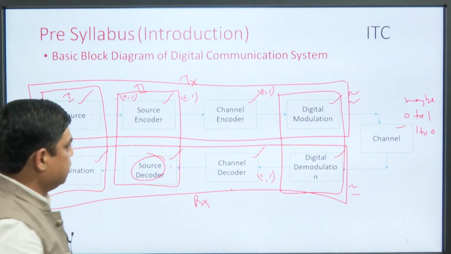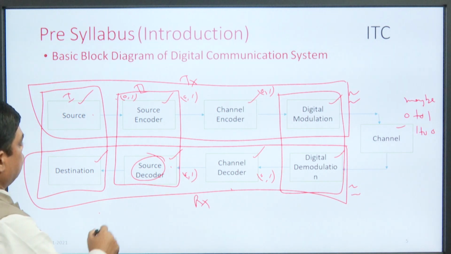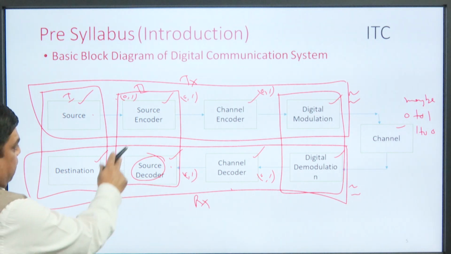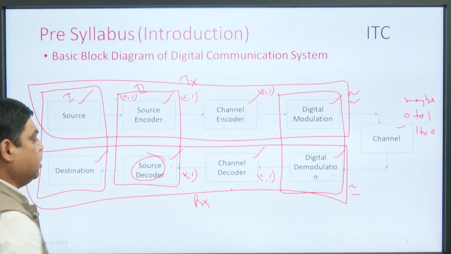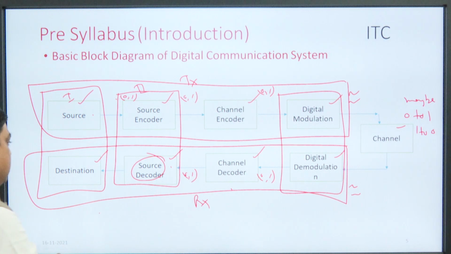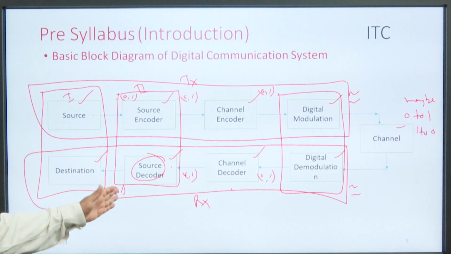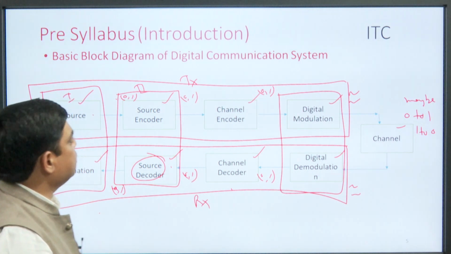At the source decoder, the same method used at the source encoder, a reversible method, is used. And the information, binary or analog, goes to the destination. This is the complete block diagram of a digital communication system.